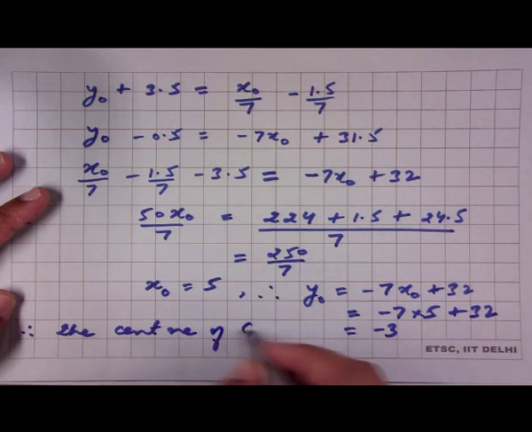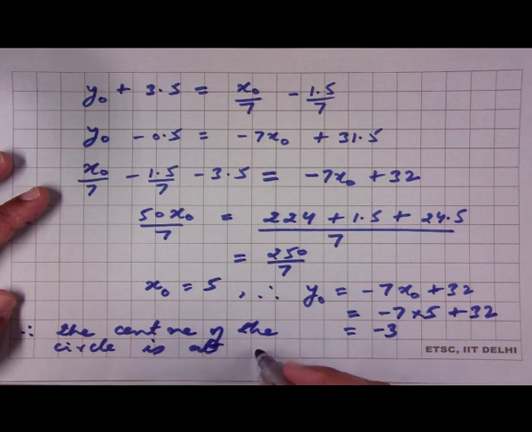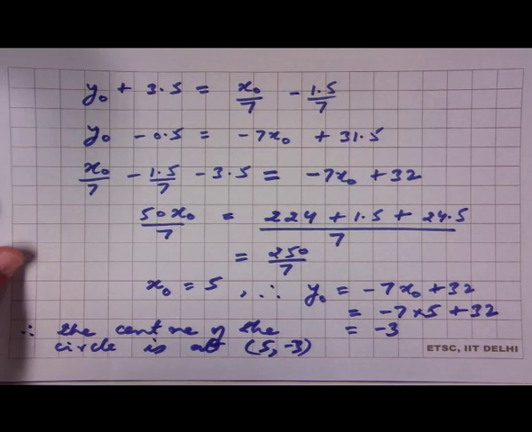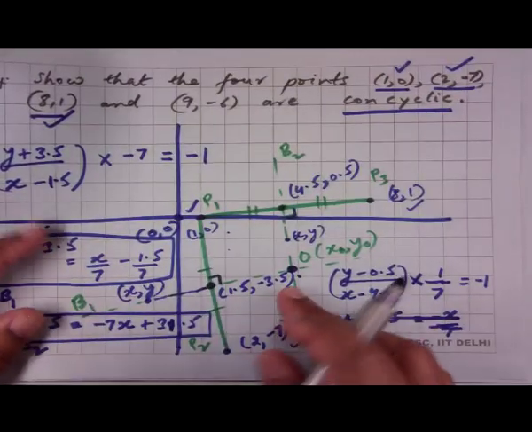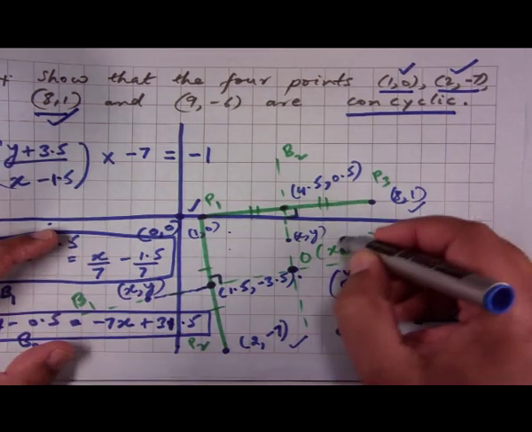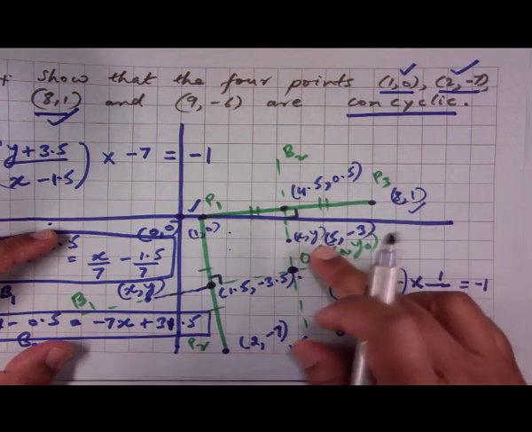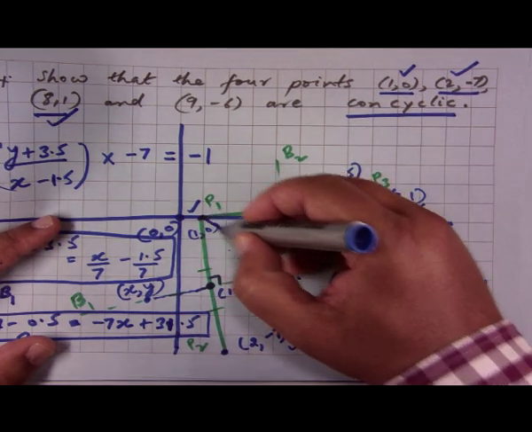Therefore, the center of the circle is at 5, minus 3, and now that we know the center of the circle, so this is 5 comma minus 3, we can easily find the radius.